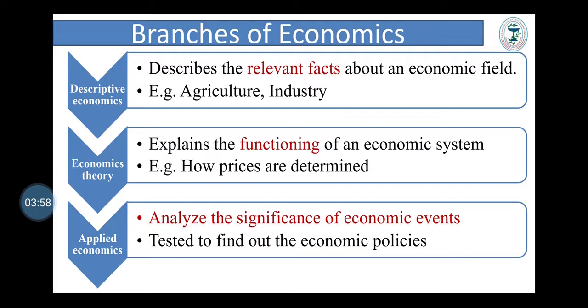Second, that is economic theory. It explains functioning of economic system. For example, it explains how prices of products and productive services are determined. Third part, that is applied economics. It analyzes significance of economic events and tests it to find out economic policies.